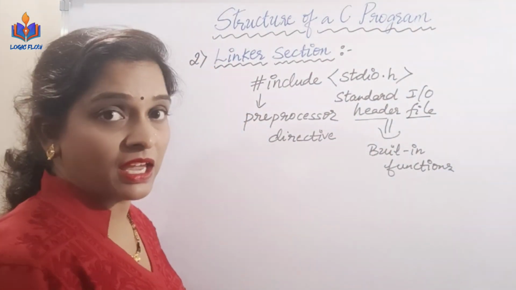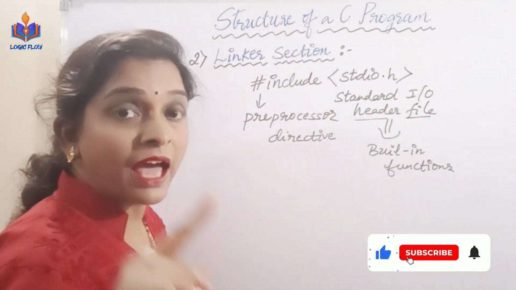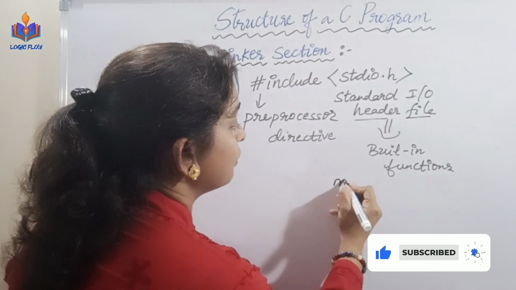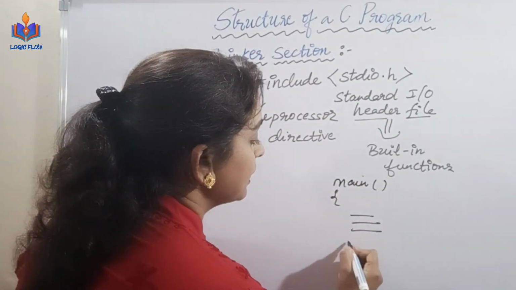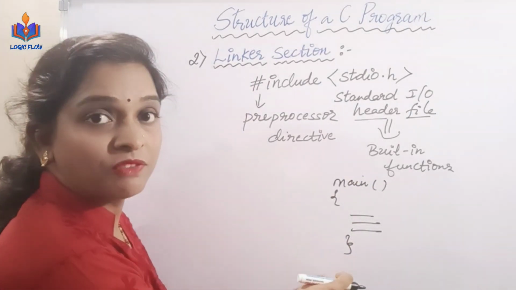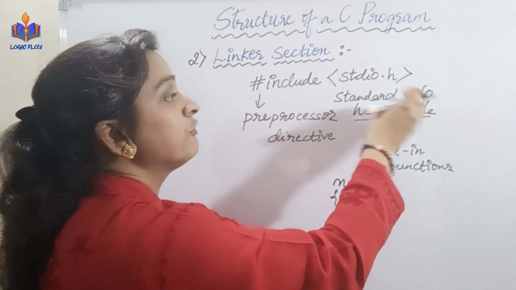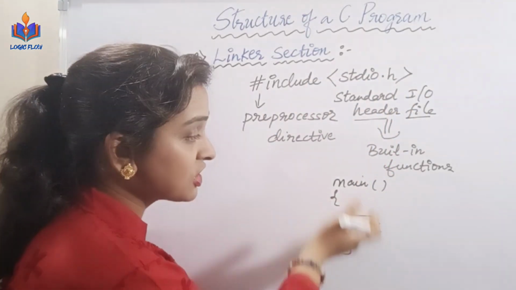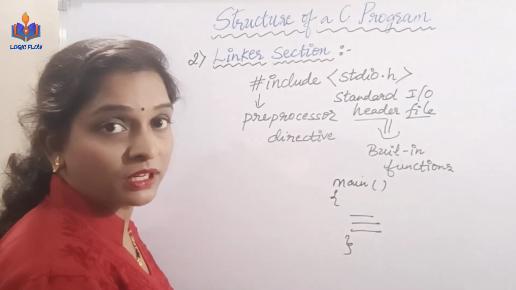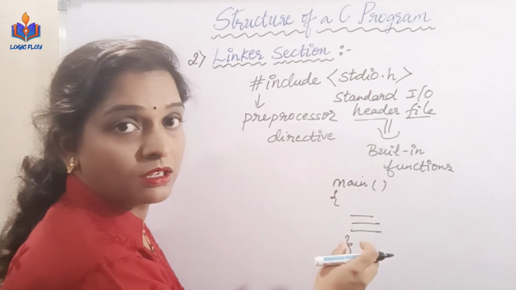It is telling the compiler that before you process the actual statements that we write in the main function, you try to include the header files so that it can get the definitions of all the built-in functions that we have used in the program.